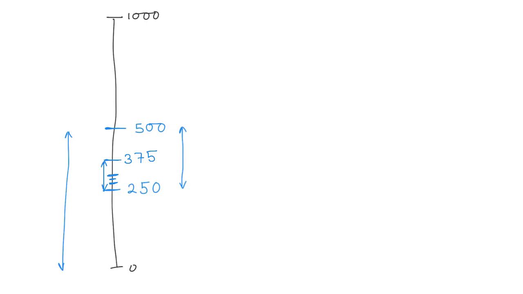In the first stage, we knew that the number was between 0 and 1000, and we reduced the range to between 0 and 500. So there are 500 numbers now. In the next stage, we have 250 values to choose from.